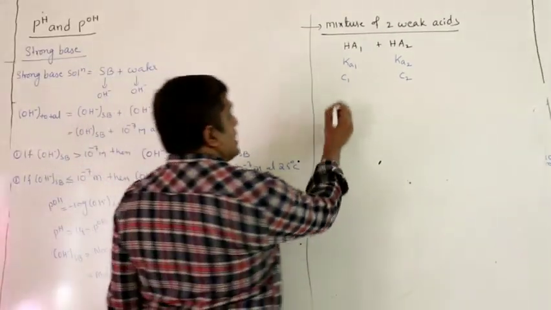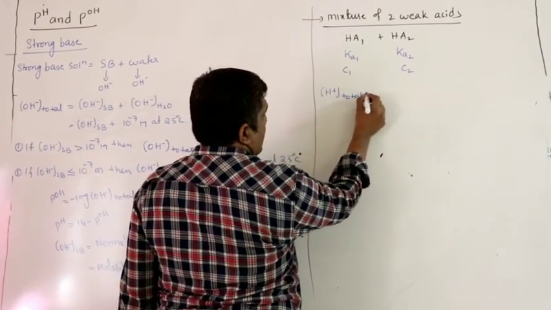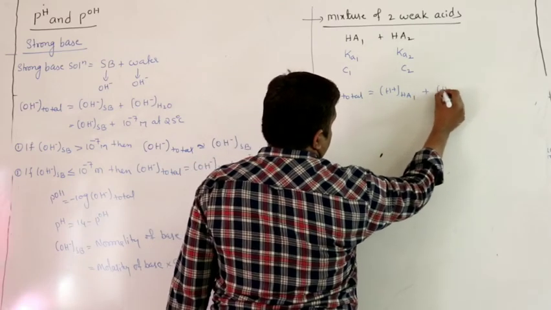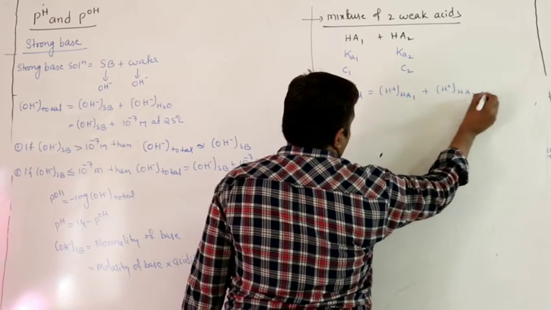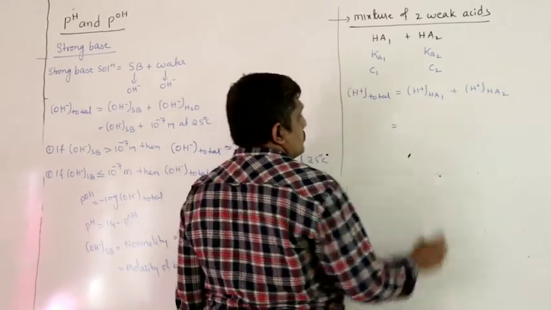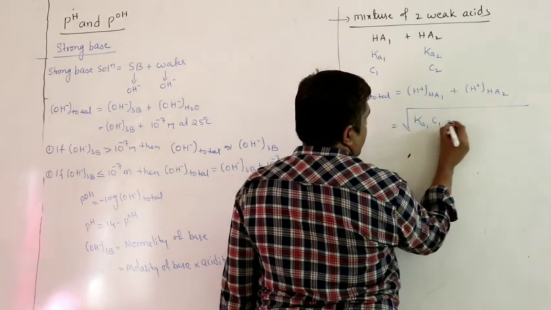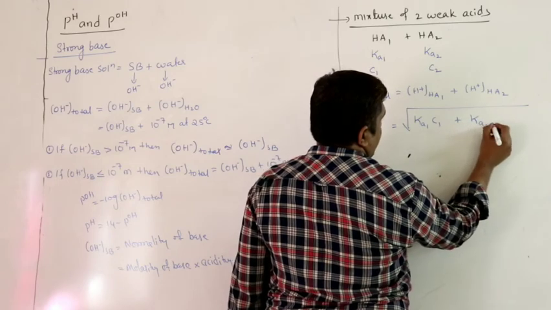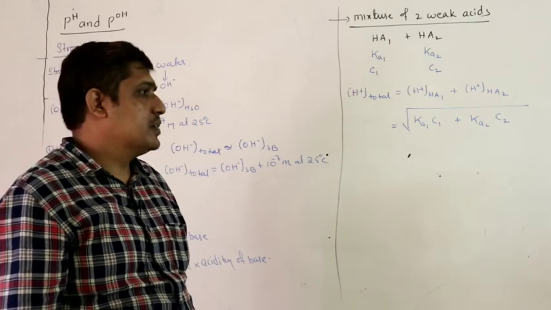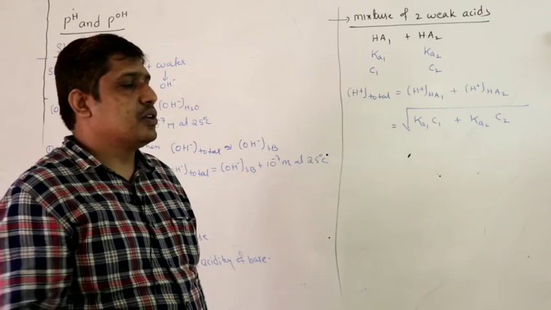Then, total H plus ion concentration is equal to H plus ion concentration from HA1 plus H plus ion concentration from HA2, which is equal to root over Ka1 C1 plus Ka2 C2. Ka1, Ka2 are dissociation constants of respective acids. C1, C2 are their initial concentrations.